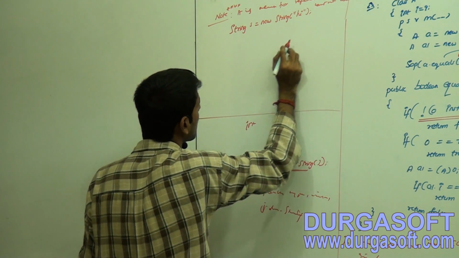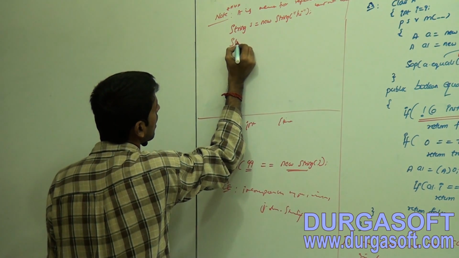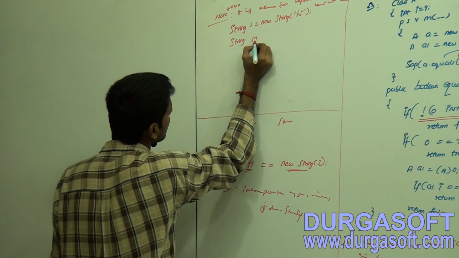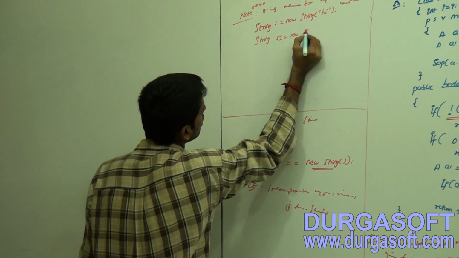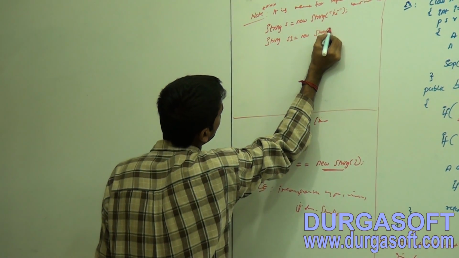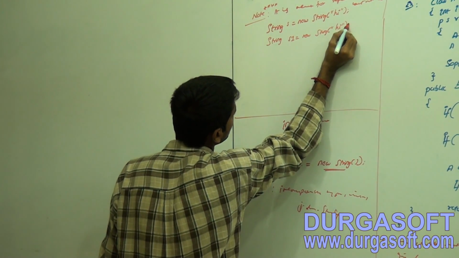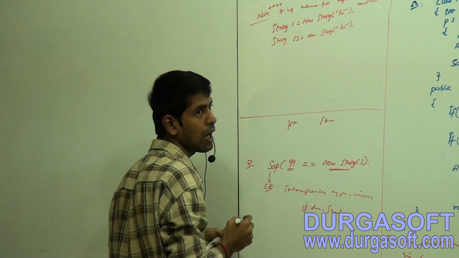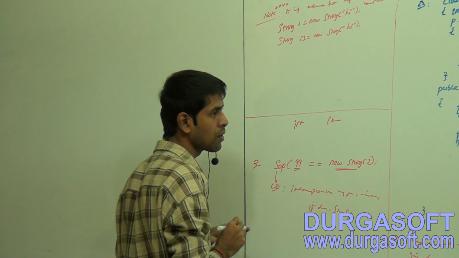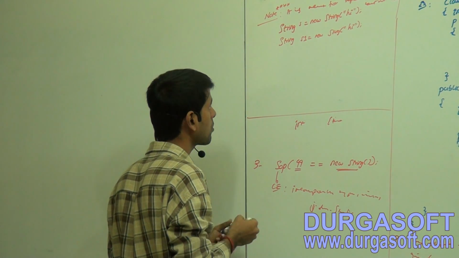But not what? Hash codes. Now the other variable, let it be new String of "hi". And now what will happen in memory?